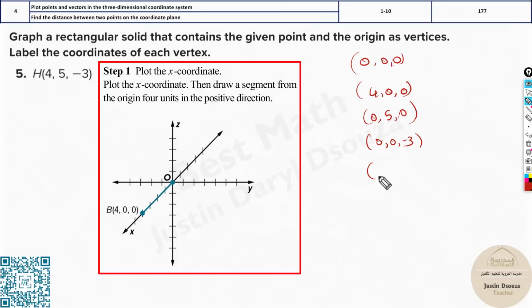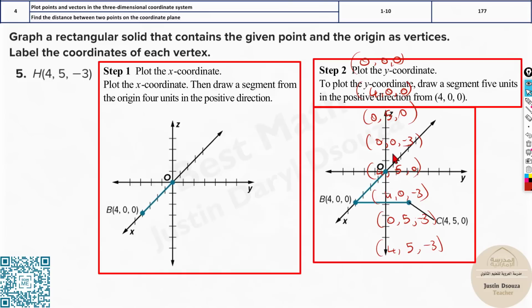Now I would put 2 numbers and 1 zero only, 4, 5 and 0. Then we have 4, 0 and -3, and then lastly we can write 0, 5 and -3. So they are all unique numbers. And lastly we write the given point itself, that is 4, 5 and -3. So this is it. So you will have 3 unique points, and then only you can solve this up.